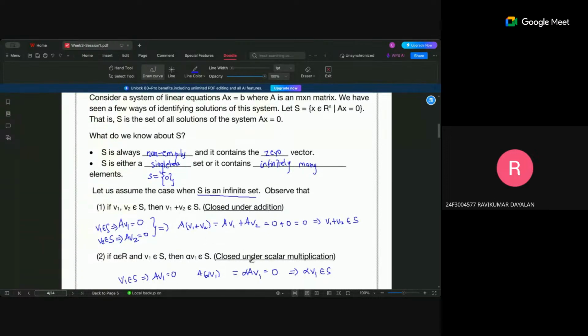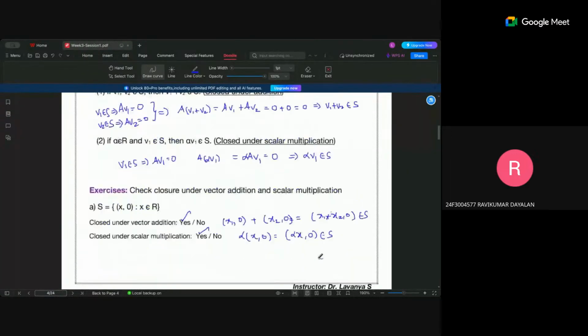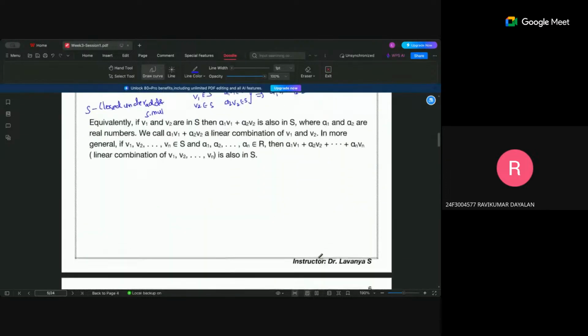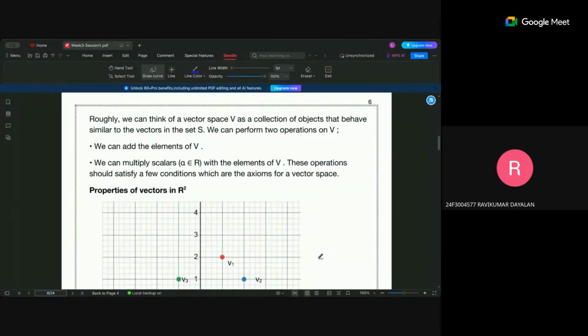It is satisfying this property that it is closed under addition and scalar multiplication, right? There are a few more things we should look for in a set to form all the main properties required for a vector space. Roughly, we can think of a vector space V as a collection of objects that behave similar to vectors in the set S.